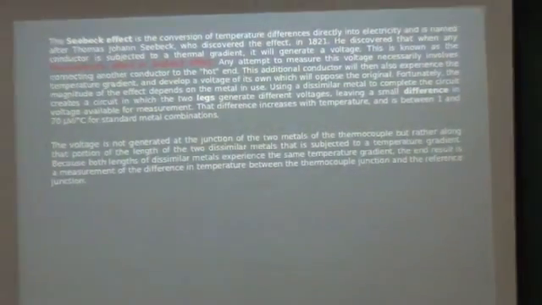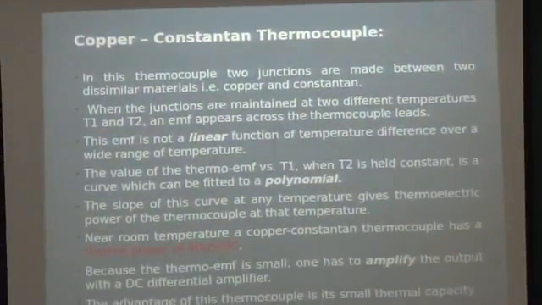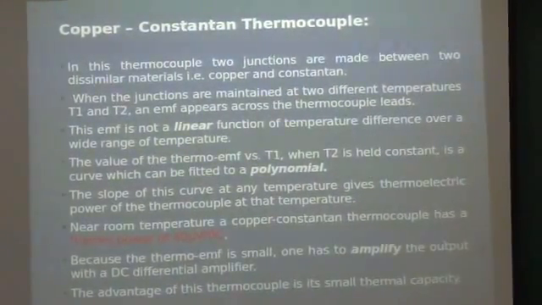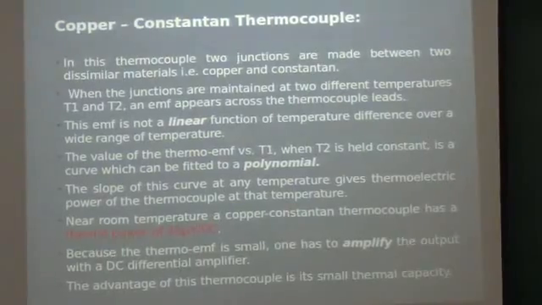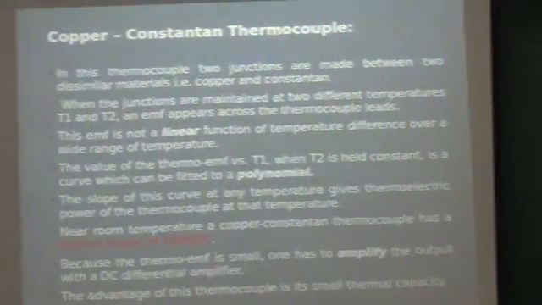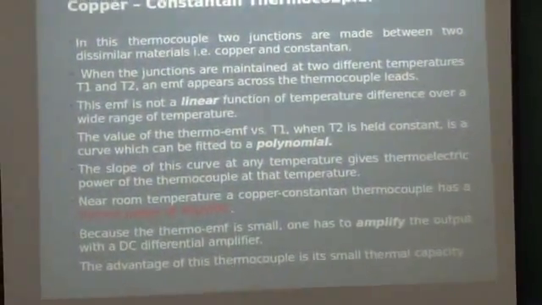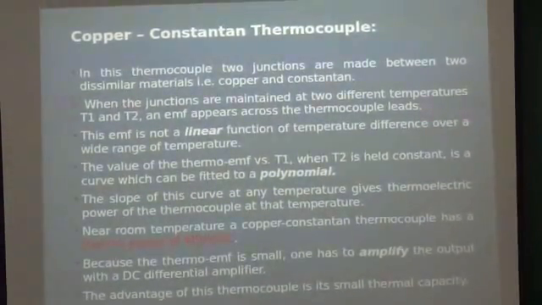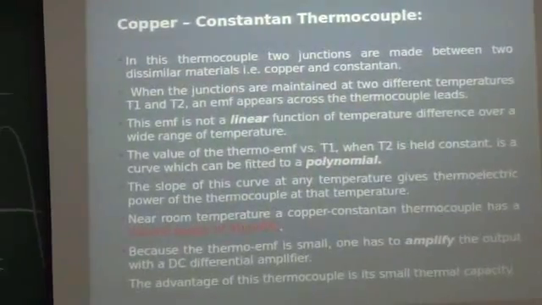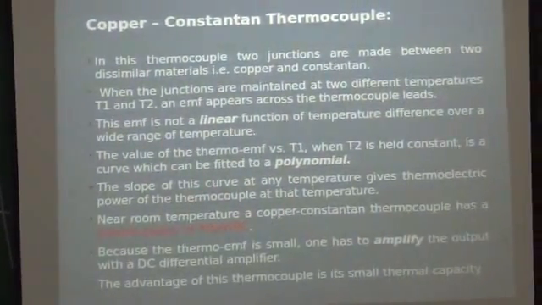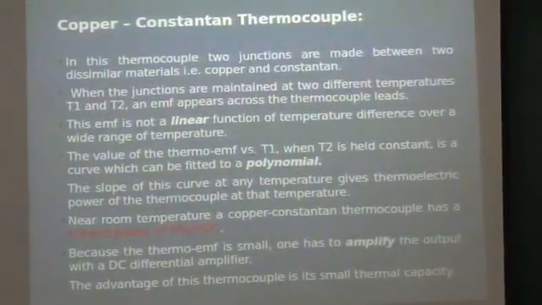This is Seebeck effect. Okay, so in this case, two junctions are made of two dissimilar materials, copper and constantan. In the previous experiment also, we have used the same copper constantan thermocouple. When the two junctions are at temperatures T1 and T2, a thermo EMF appears, and this thermo EMF is not a linear function of temperature.